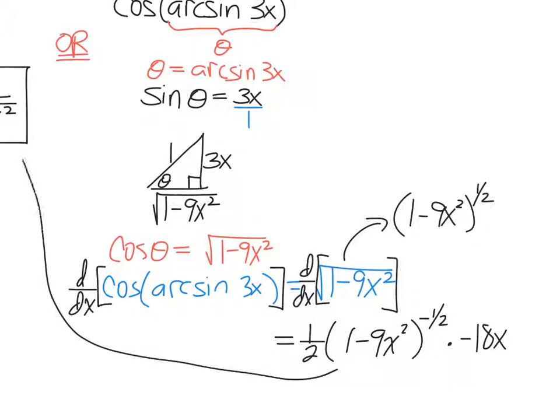Which, when you simplify it, gives you the exact same expression, because 2 goes into negative 18 negative 9 times. This is a radical to the power of 1/2, but because it's negative, it will go to the bottom of the fraction. Is it okay if we just do the other way, or are we going to have to do both? You've got to be prepared to go both ways.